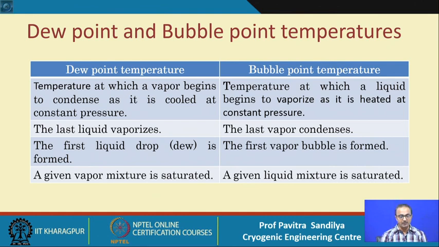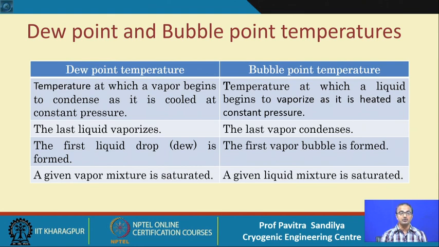Now, at the dew point temperature, we say the last liquid vaporizes, whereas for the bubble point temperature, the last vapor drop condenses. And the first liquid drop, or what we call dew, is formed at the dew point temperature, and that is how the name has been derived, dew.